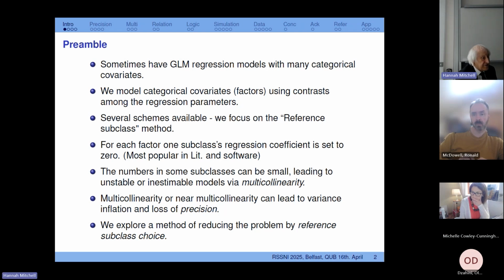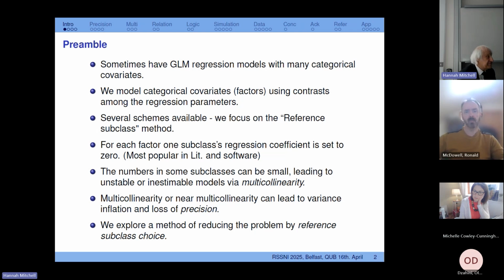You know that with GLMs, especially in sociology and in psychiatry and in biostats, you sometimes get a lot of categorical variables. And you know how we model those? We model those by using contrasts among the regression coefficients in the model.